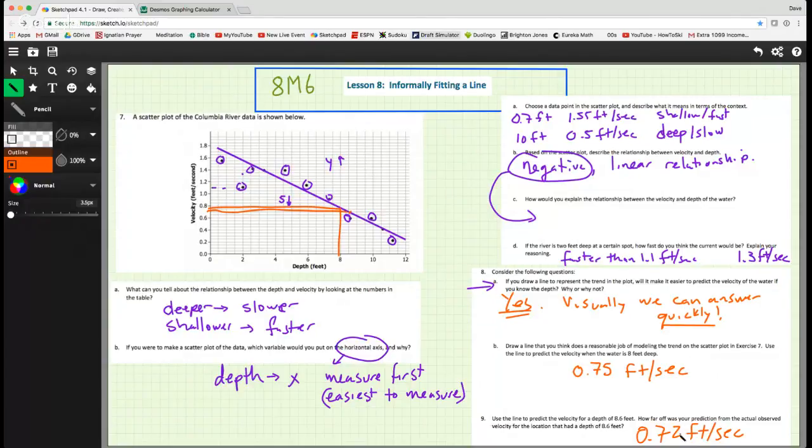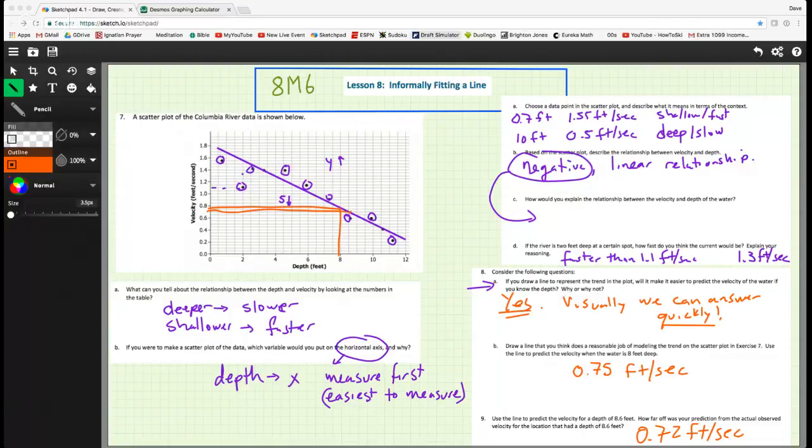And now what they want to do is how far was your prediction off from the actual observed velocity for that specific location that had a depth of 8.6 feet. Well, I already deleted that data, so I'm going to have to go back over and look in my data.